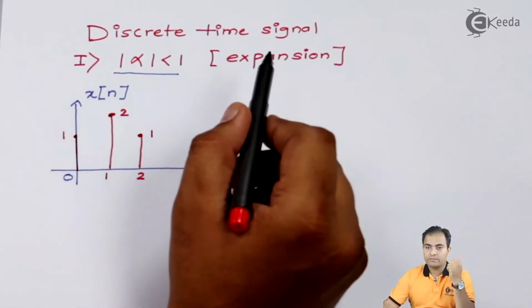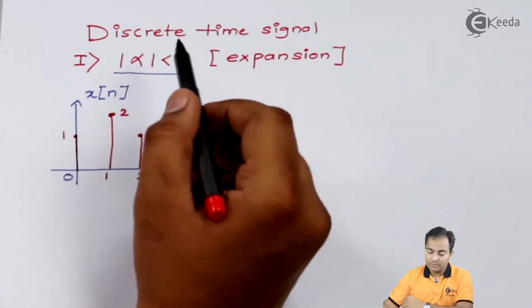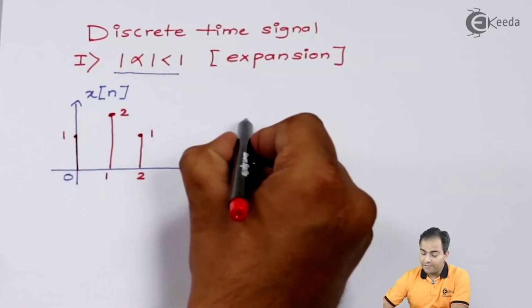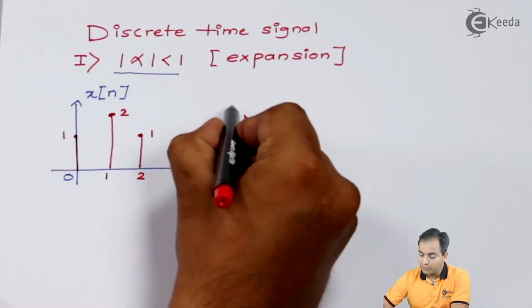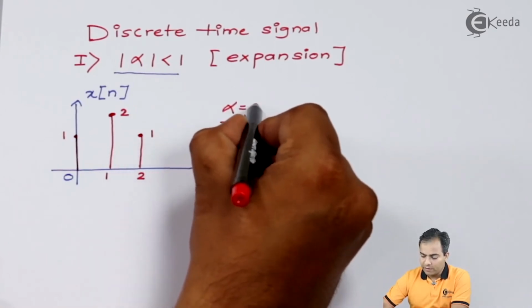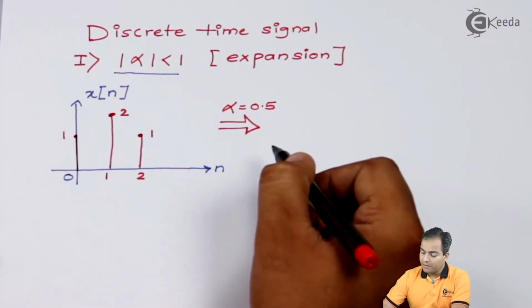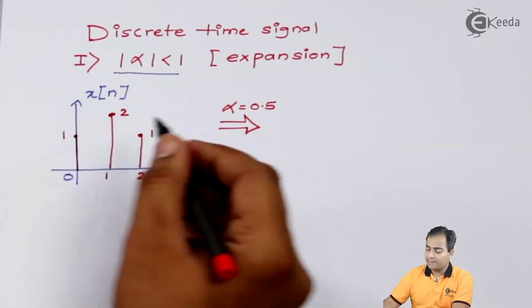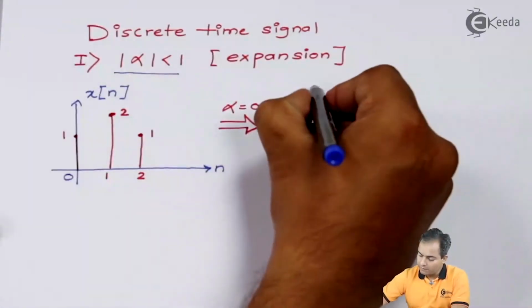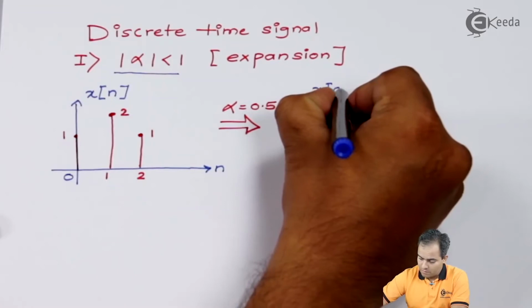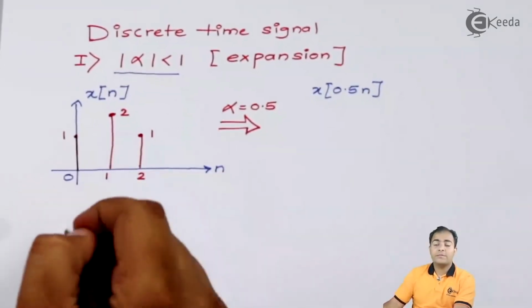Expansion means we are going to choose an alpha value which is less than 1. So let's say I choose alpha value 0.5. If I choose alpha value 0.5, then how is this x of n represented? It is represented like this.